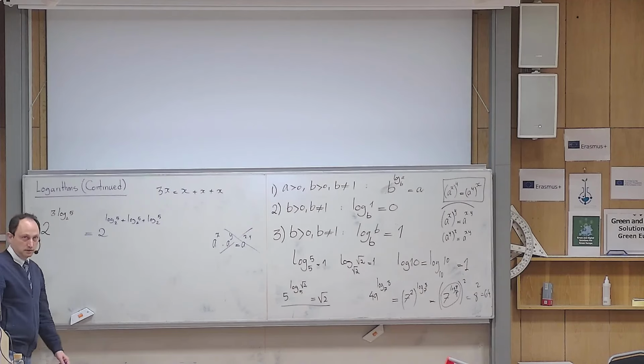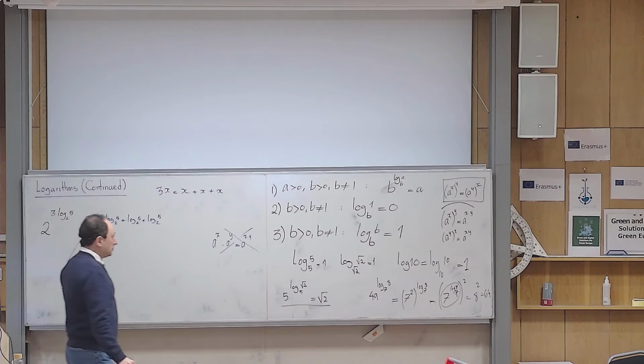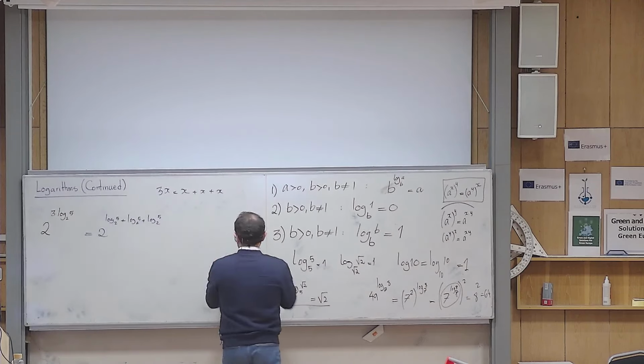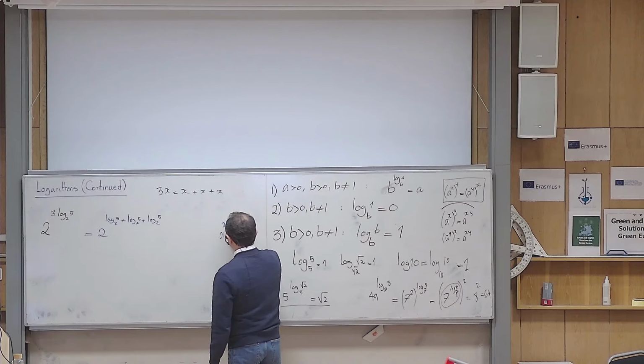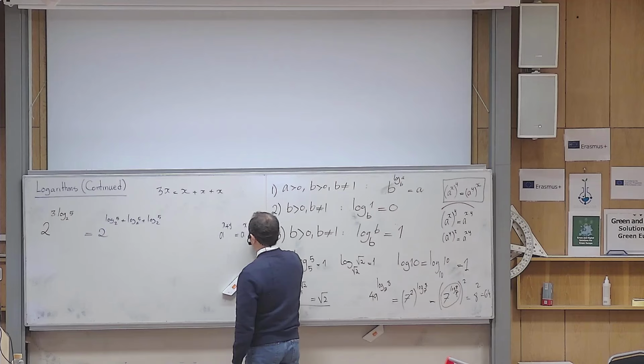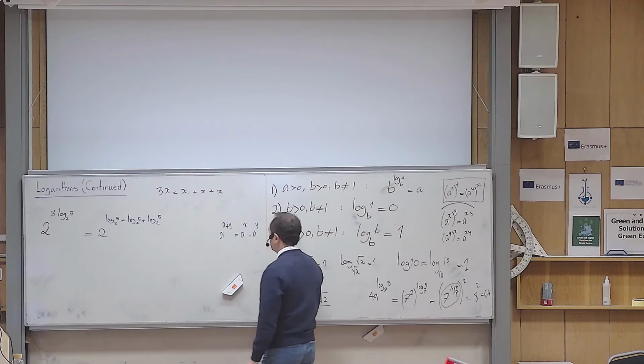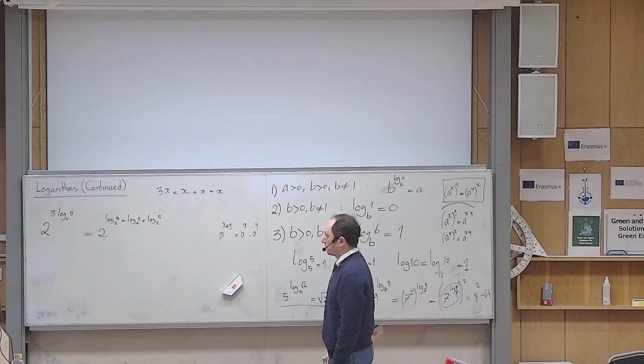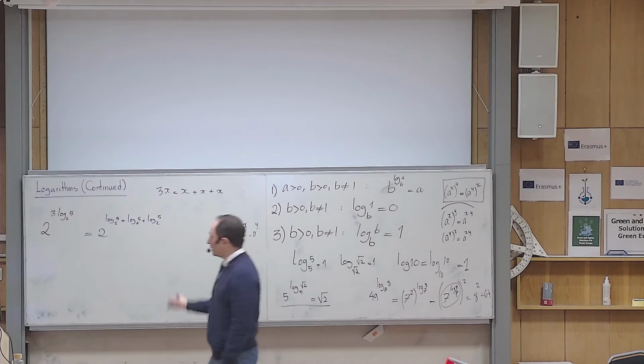Then another one. That formula was that a to the power of x plus y is a to the power of x times a to the power of y. This we had in math 1c. So now I can do it like this.